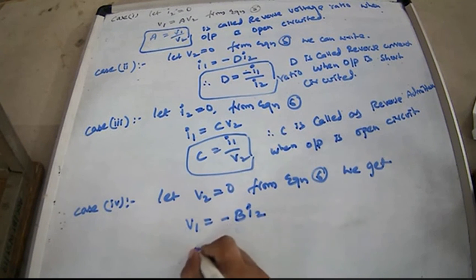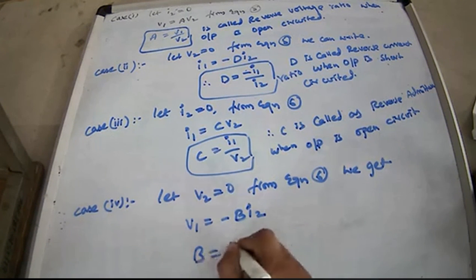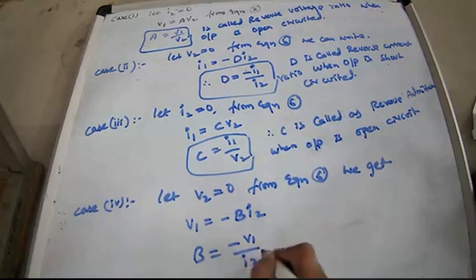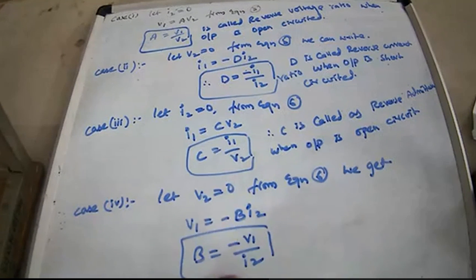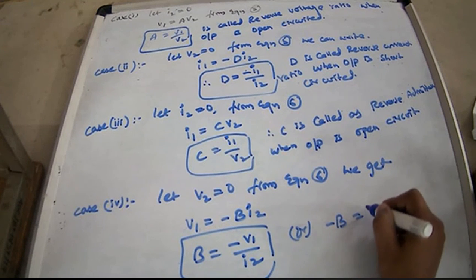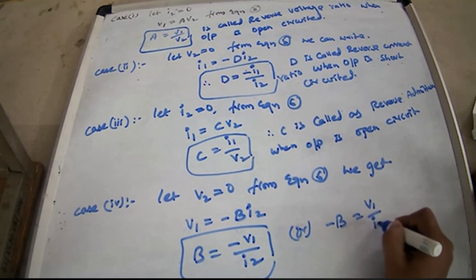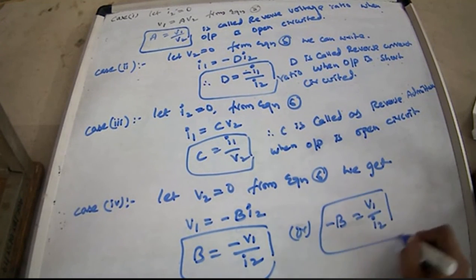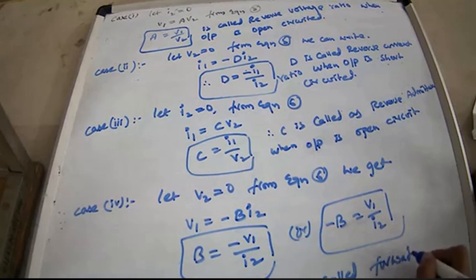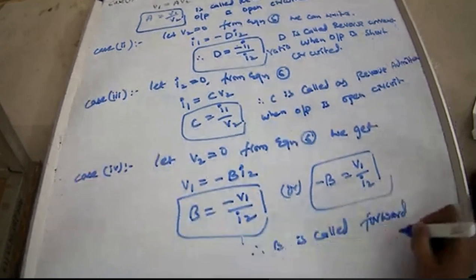So from this equation we can write that B is equal to minus V1 by I2, or minus B is equal to V1 by I2. Therefore, we can say that B is called the forward impedance.